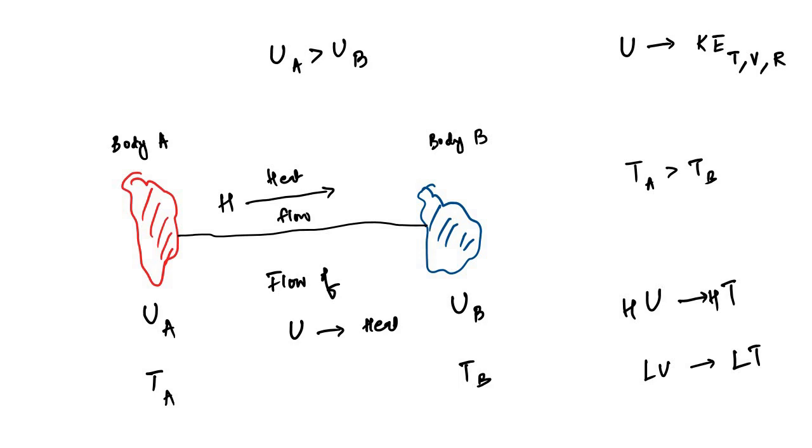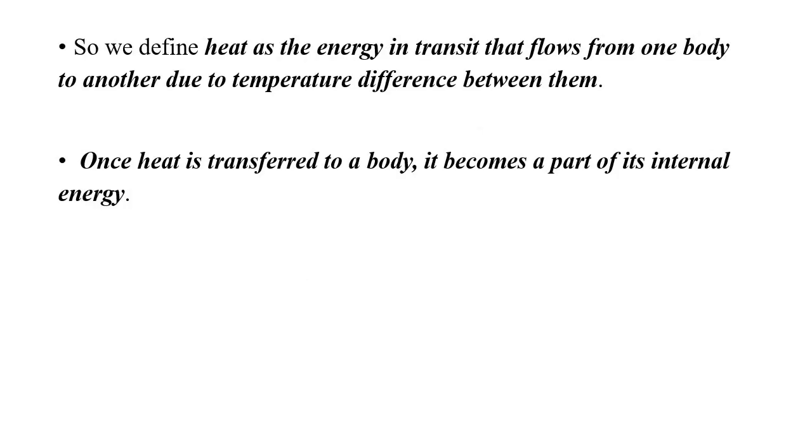We cannot say that a body has high value of heat energy or high value of heat. Only internal energy in transit, which is being transferred from one body to another, is called heat. Heat energy of a body in isolation is not the right thing to say. Always remember that. So this is heat, which is energy in transit.